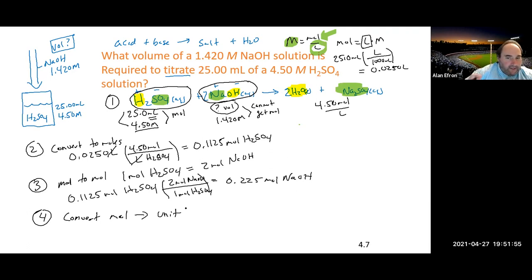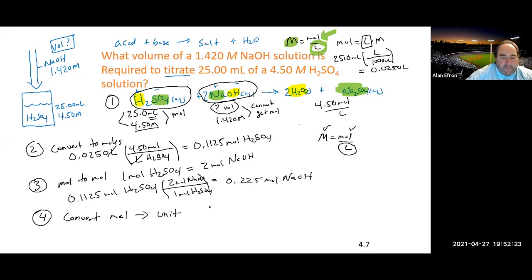Normally in regular stoichiometry problems that we've done up to this point, we've taken those moles and converted them into grams using the molar mass. Here, though, we're not going to use the molar mass because we're looking for a volume. So we're going to use the molarity. And now we're going to use the moles to solve for the volume.